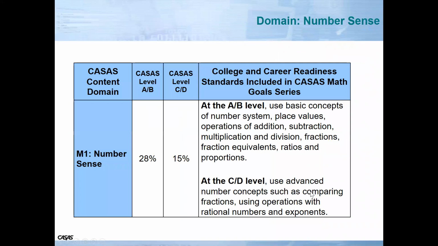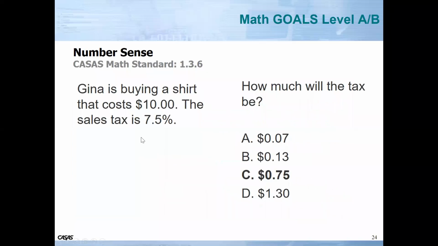All right, so now if we want to look at some of the sample items, this is the number sense, and here are a few examples. This is at the AB level, so it's a word problem, but really a very simple number sense calculation.